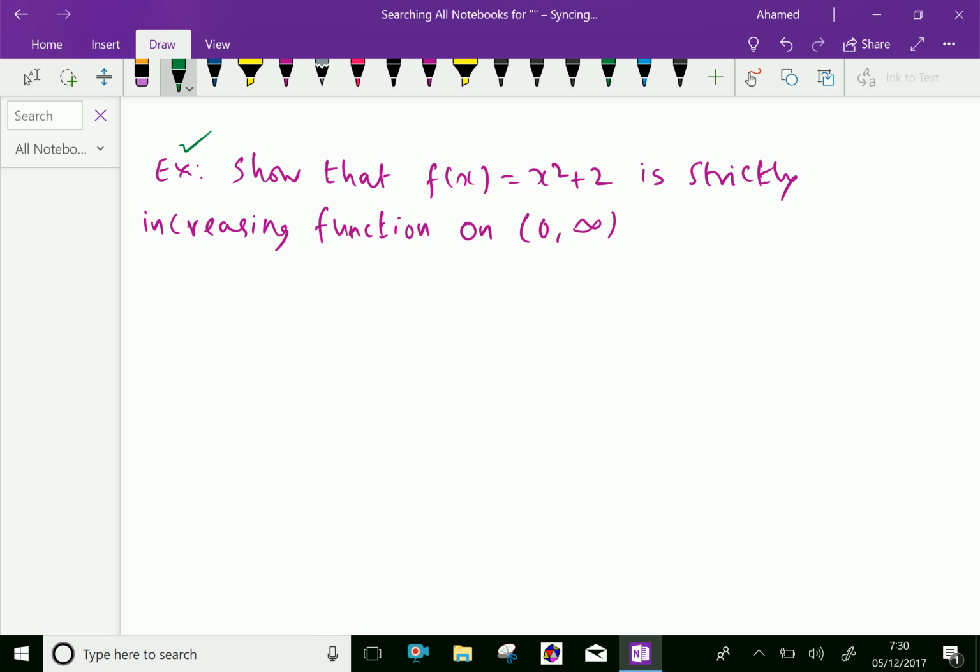Show that f of x equal x squared plus 2 is a strictly increasing function on the interval 0 to infinity.